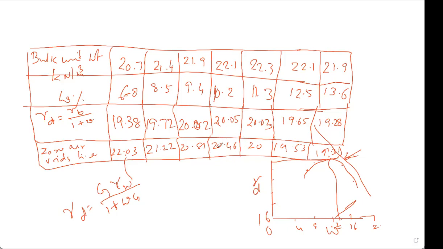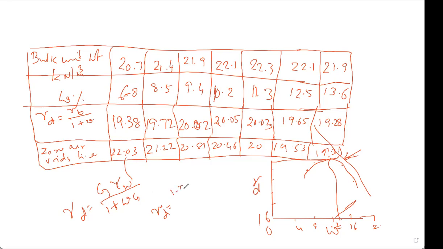These are the air voids lines. Therefore, you have to find the value of Na. Na is equal to, again, you know the gamma D value.